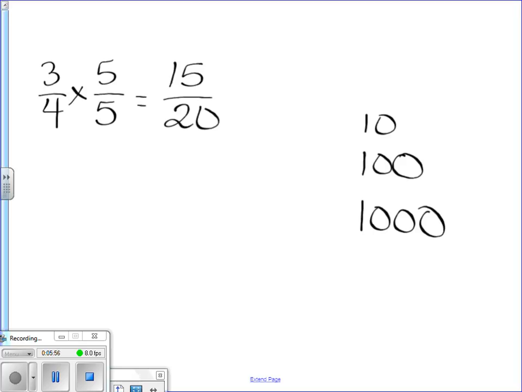So that's what we're going to be working on today. We're going to take our fractions, multiply them by something that's equal to a 1. Because remember, what we do to the bottom, we do to the top. So whenever we've been doing our equivalent fractions, haven't we been multiplying by something that's a 1?